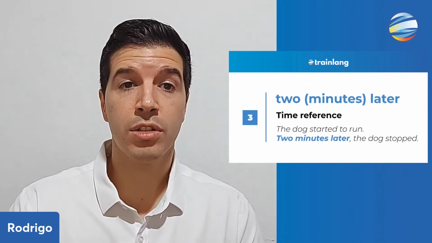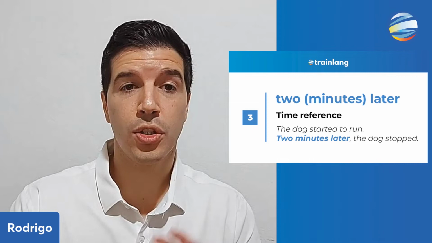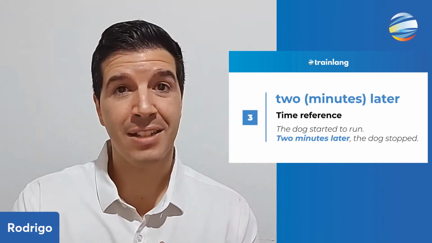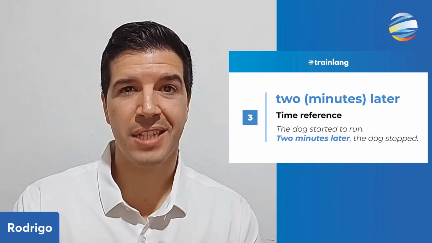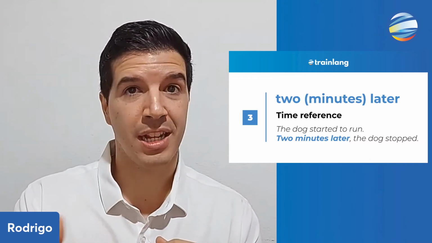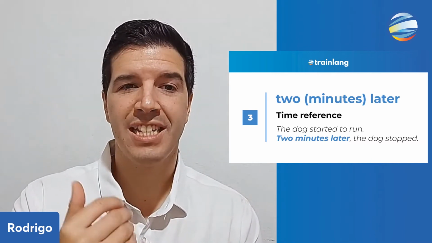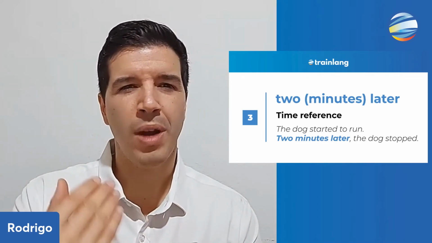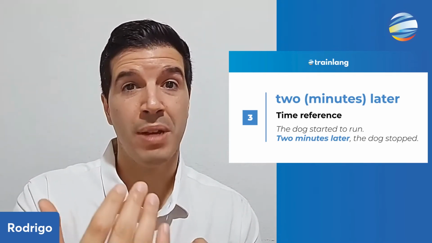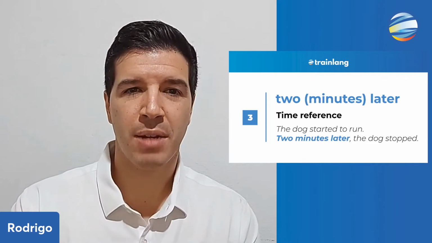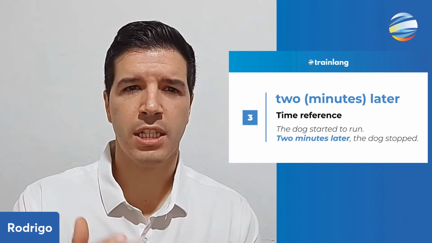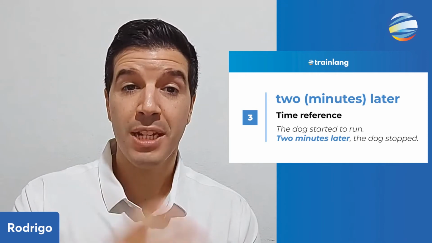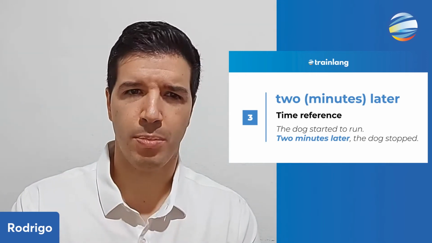We can also use 2, 3, 5, 10 minutes later, or we can say 2 hours later, or 3 days later, to give a time reference, again, when something happened. For example, the dog started to run. 2 minutes later, the dog stopped.